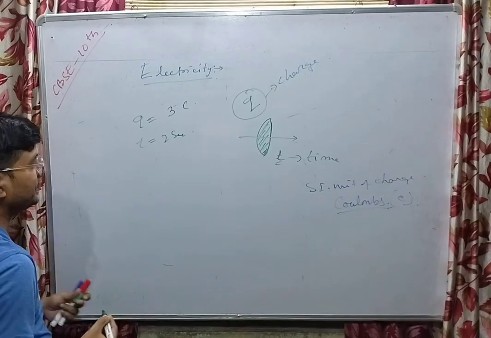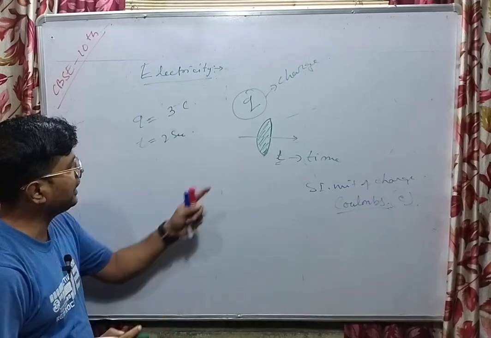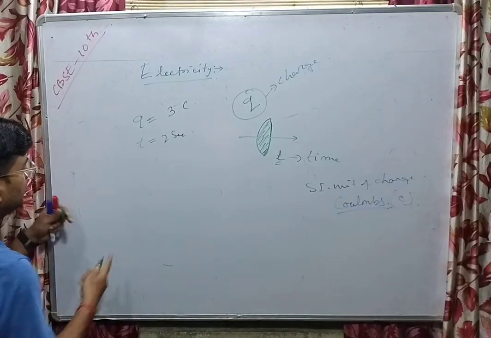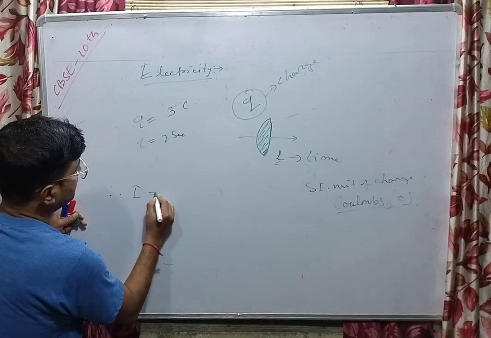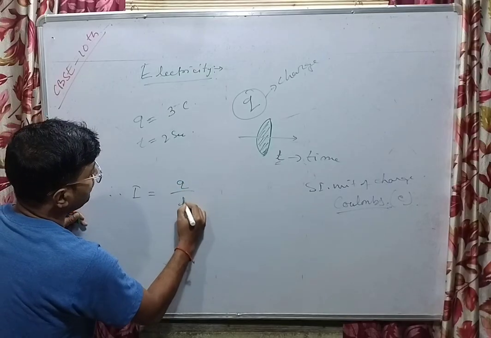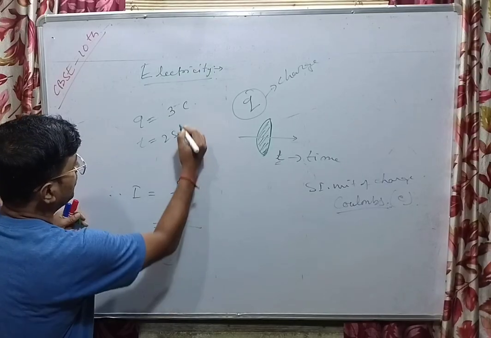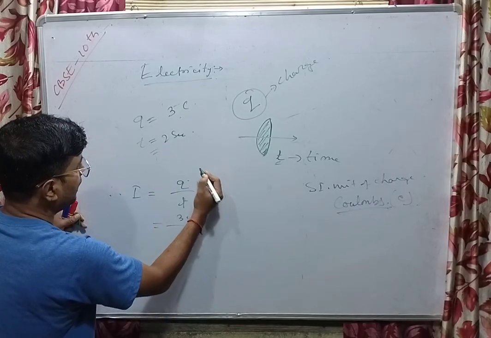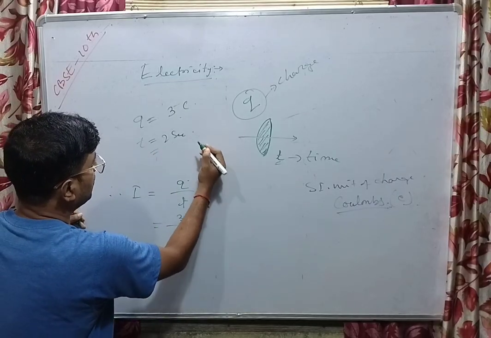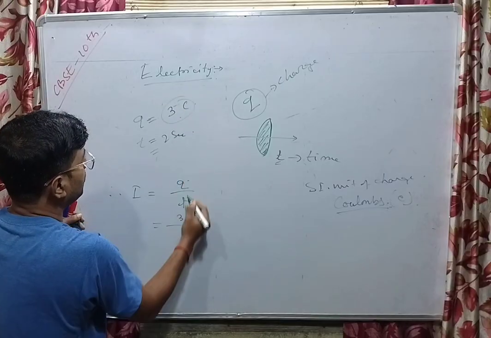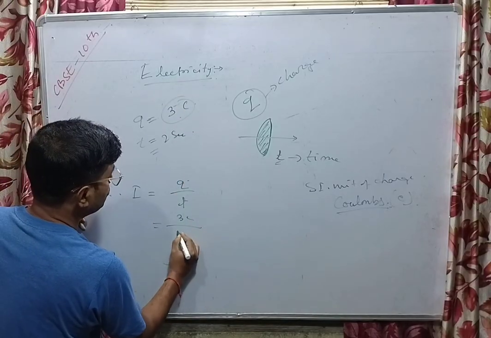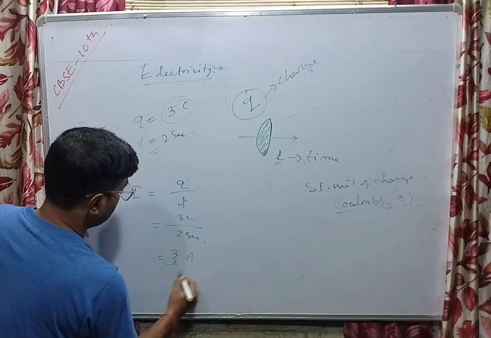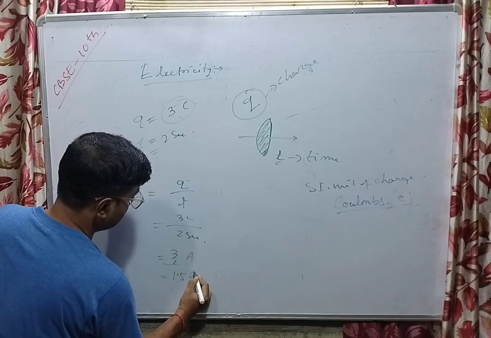Then what will be the amount of electric current passed through this conductor? Then I is given by Q by T. Q is equal to 3 coulomb, and the time taken to pass the 3 coulomb charge is 2 seconds. That is 3 by 2 ampere, which is equal to 1.5 ampere.